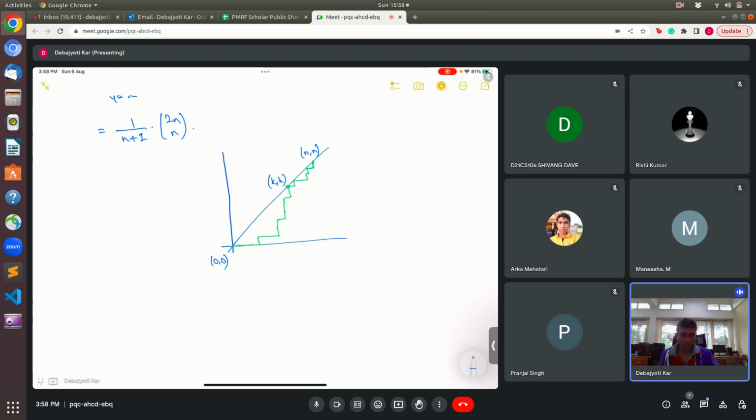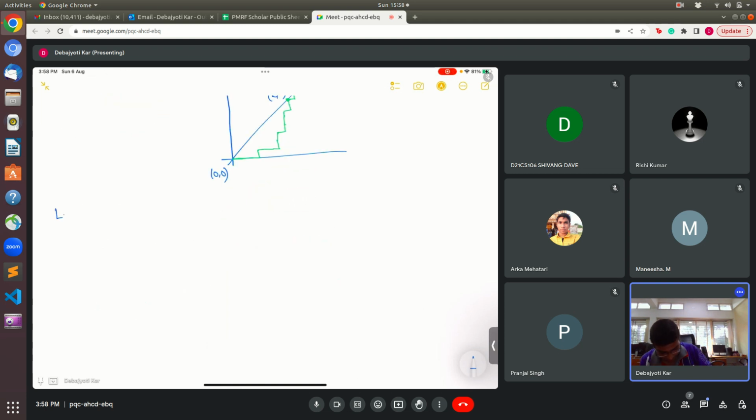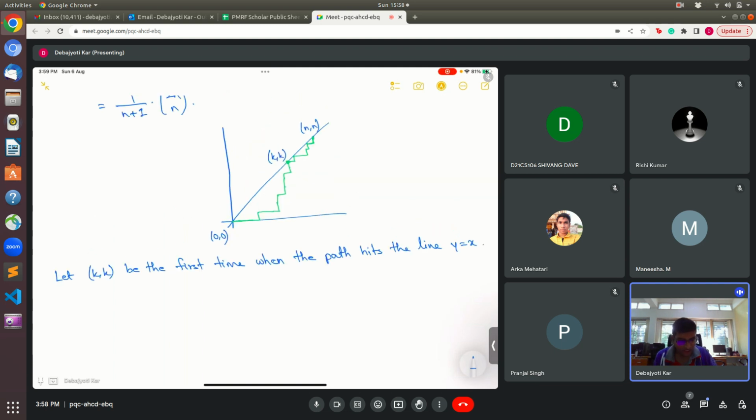So k can be any integer between 1 and n. This is the first time when the path hits the line y equal to x.